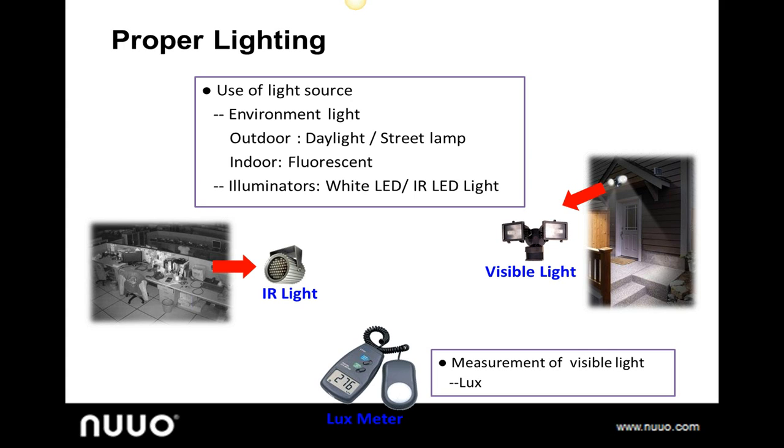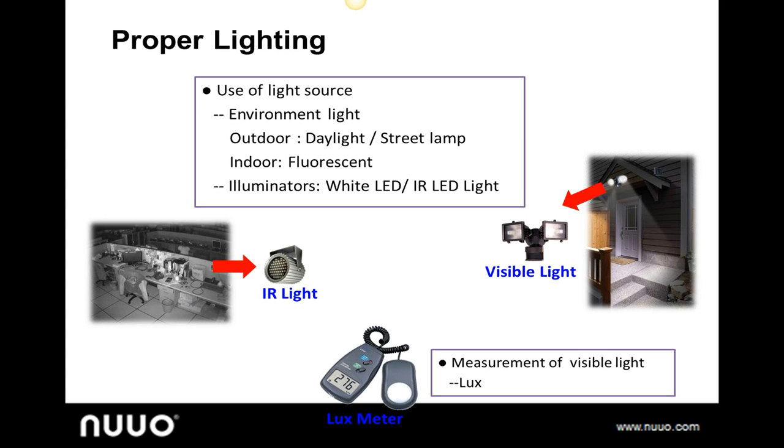as much as possible. Like in an outdoor scene, take daylight or street lamps into consideration. Indoors, fluorescent light could be your main light source. And if necessary, don't hesitate to add more artificial light, like LED light or IR LED light, which play an important role in night vision.